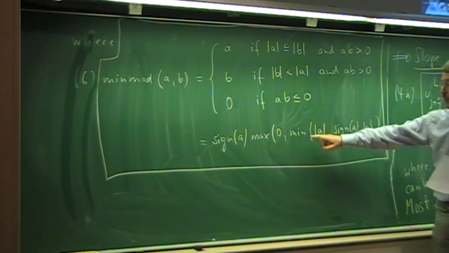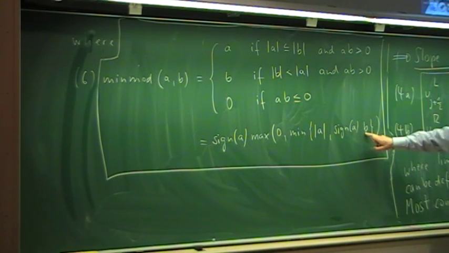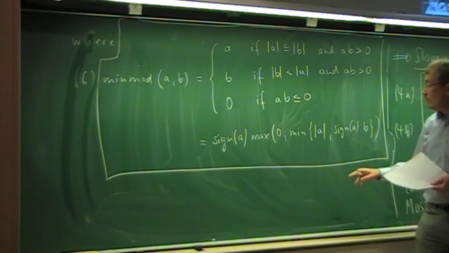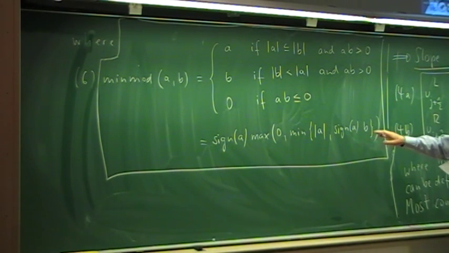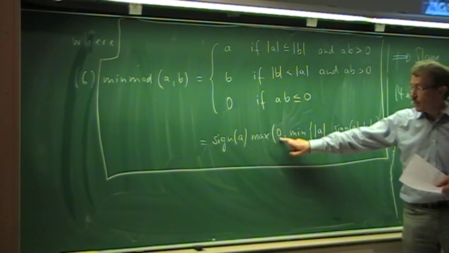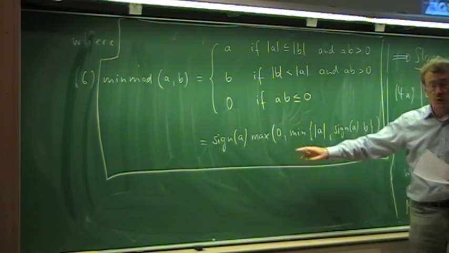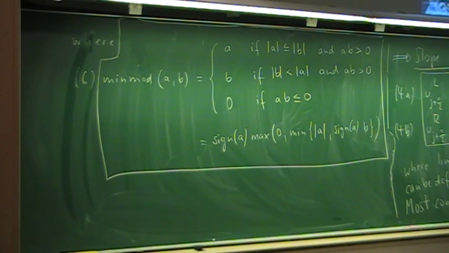So then this is the minimum of A and B. Okay. And then you look for the maximum. Imagine the B would be negative, for example. Then you would get a B on this side, but here you take the maximum, you get a 0. So it does exactly the thing.